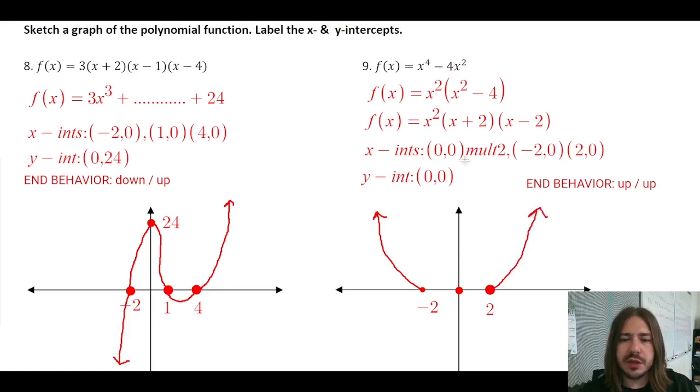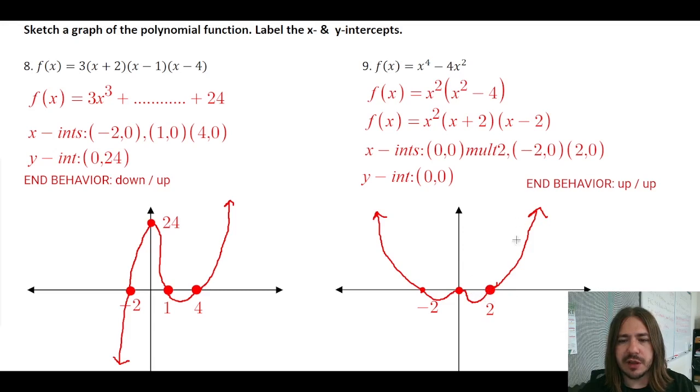Okay, so the only x-intercept that's repeated is this 0, 0. So I'm going to pass through these, and then I'm going to bounce off the x-axis at 0 because of that multiplicity. Let's see if I can make that look a little smoother. Well, it's not perfect, but this is generally the shape of the graph here. And I've probably exaggerated how wide this opens up.